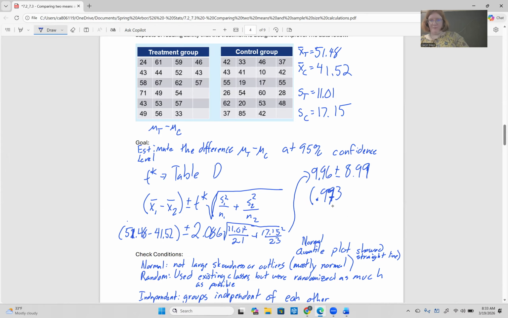And then 9.96 plus 8.99 is 18.95. So the difference in the scores is between 0.973 and 18.95.